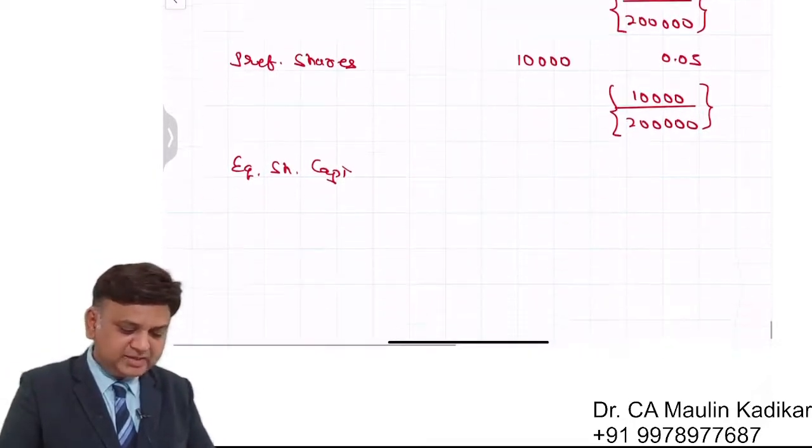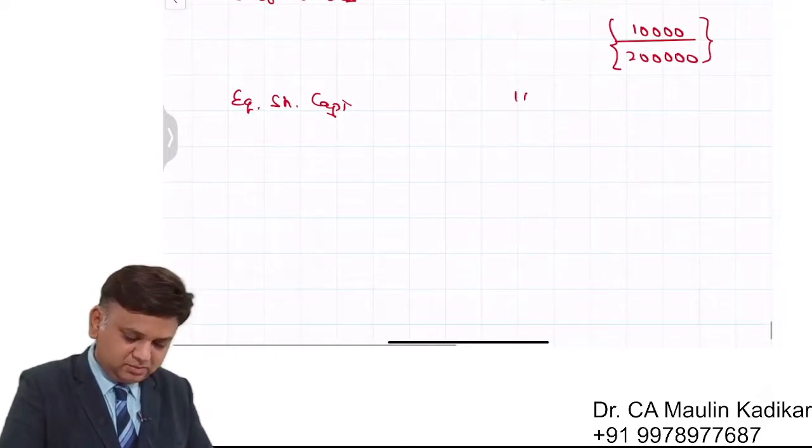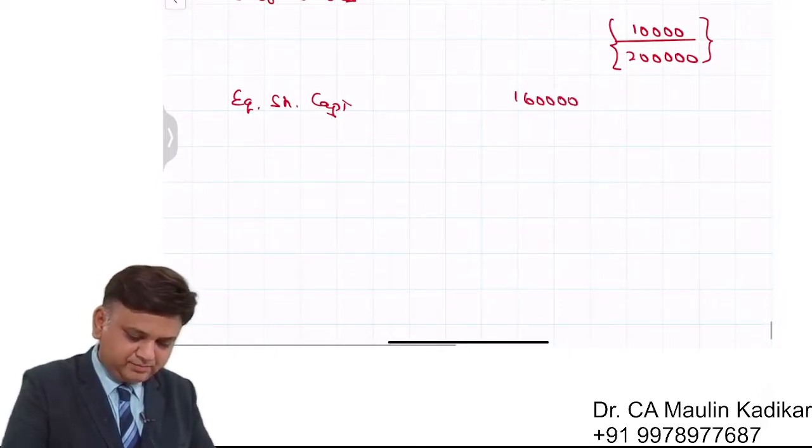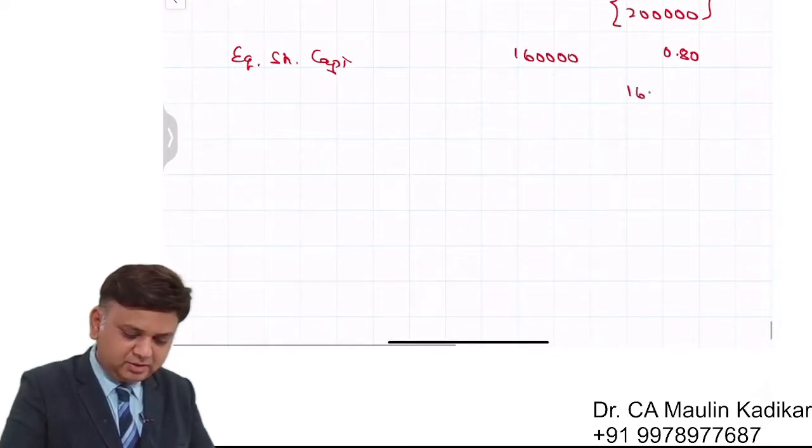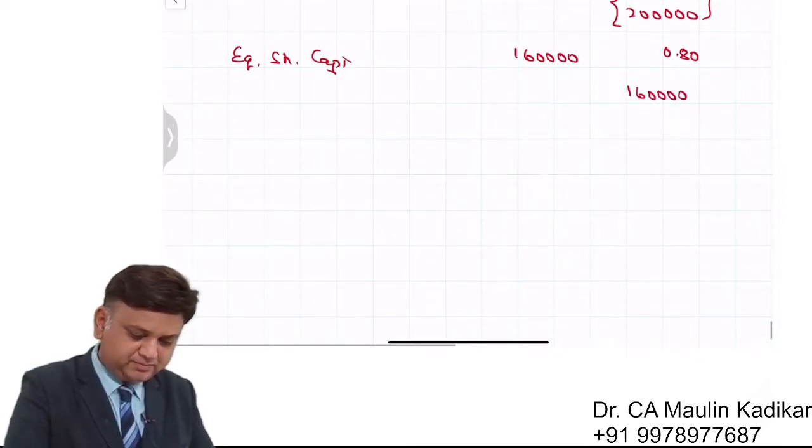In that case, it is 1,60,000, then it is 0.8, so 1,60,000 divided by 2 lakhs.